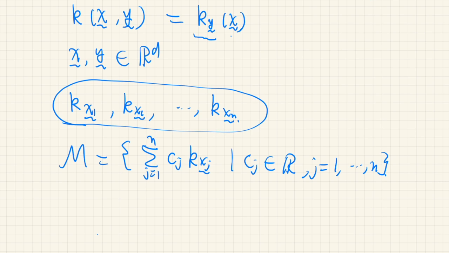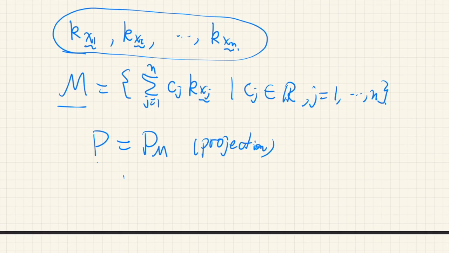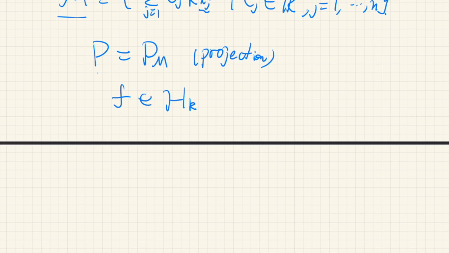And now we can define a projection P_M onto this subspace. Let's call this simply P. So using this projection operator, any element f of this Hilbert space can be orthogonally decomposed into two parts.